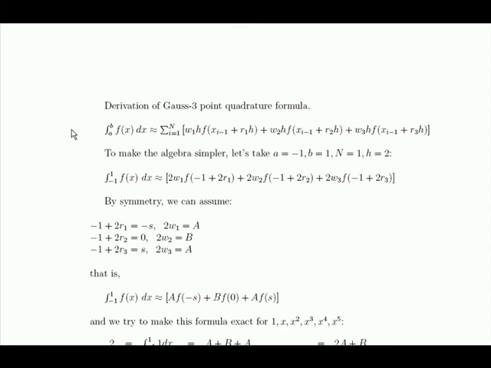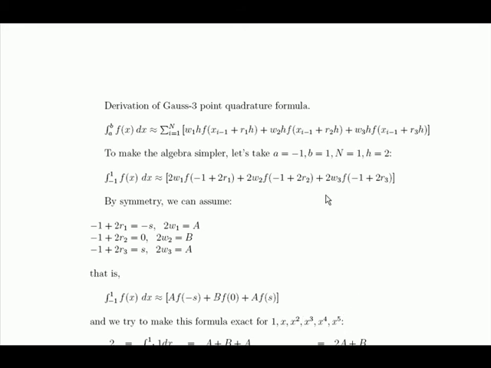We're going to look at the Gauss 3-point quadrature formula. That means that we approximate the integral of f over each strip using 3 weights, 3 sample points. We have therefore 6 parameters, and we can hope to make it exact for 1, x, x squared, x cubed, x to the 4th, x to the 5th.